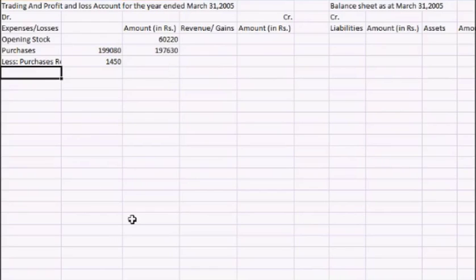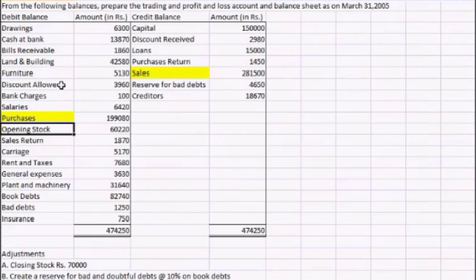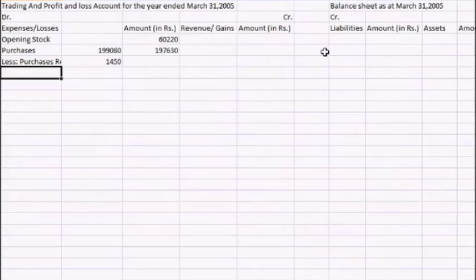Next we come to carriage. So we'll start with drawings. Drawing is an asset, so we'll incorporate that in our balance sheet.